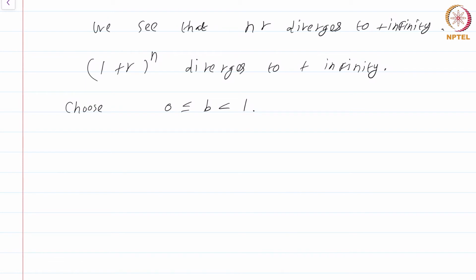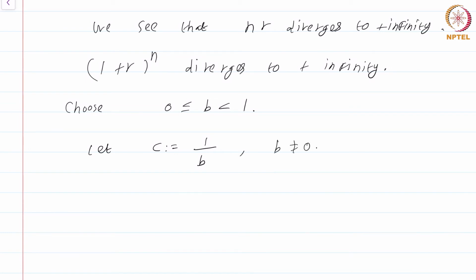You might be tempted to write b as 1 minus r and take 1 minus r power n. Well, don't do that. Always try to use what has been shown so far. Let c be equal to 1 by b, whenever b is not 0.